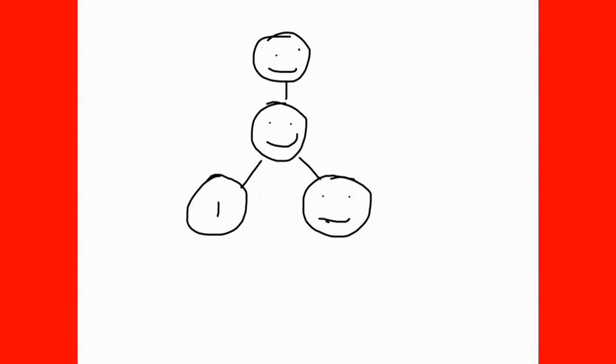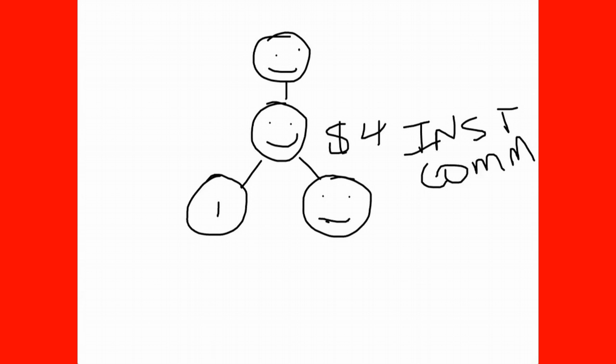So what's going to happen in this example? What was the rule that I mentioned before? The instant commission, inst com, is always paid up 1 level. Happy days, $4. Where does the match go?